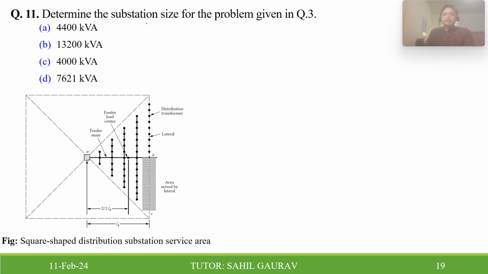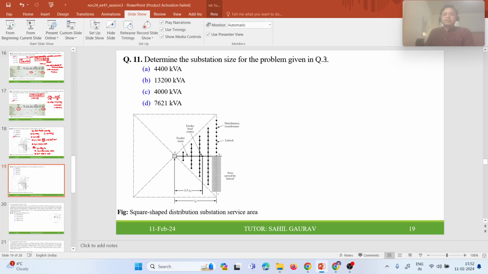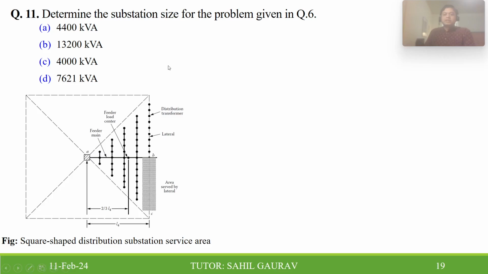So determine the substation size for the problem given in question number 6. So it is question 6, not 3. So substation capacity represented by TS4, and 4 is representing the number of feeders. So TS4 is the total kVA supplied from a substation.